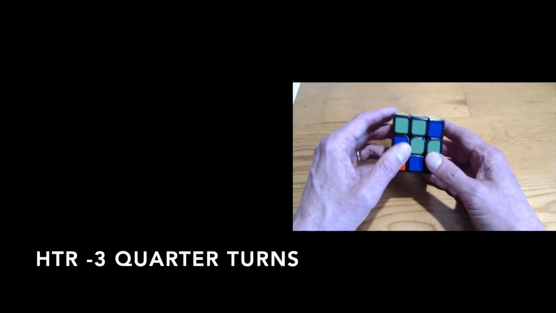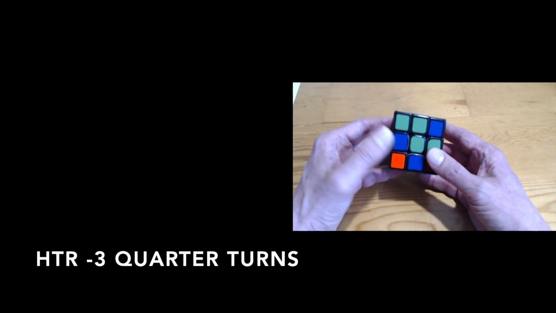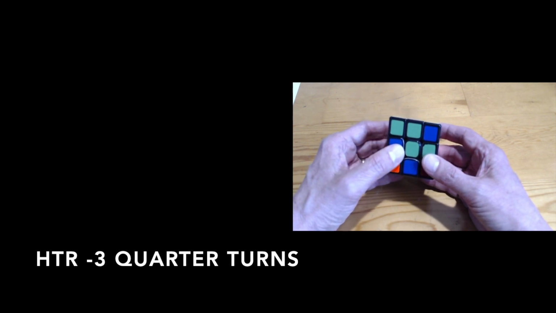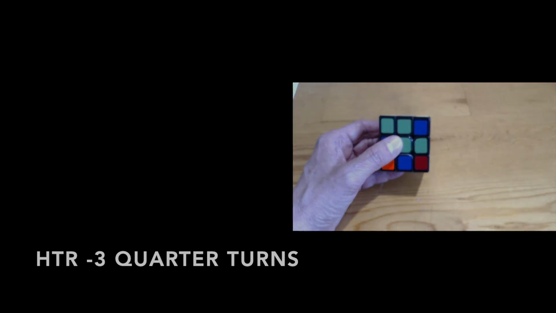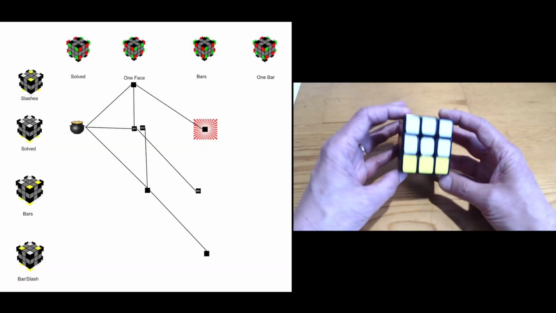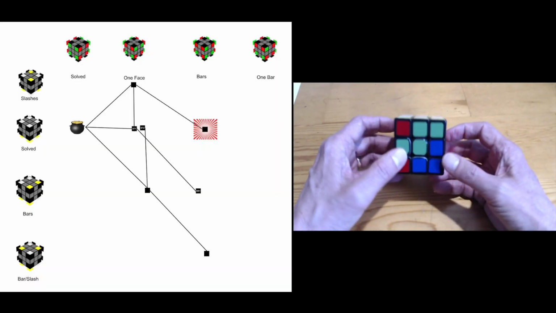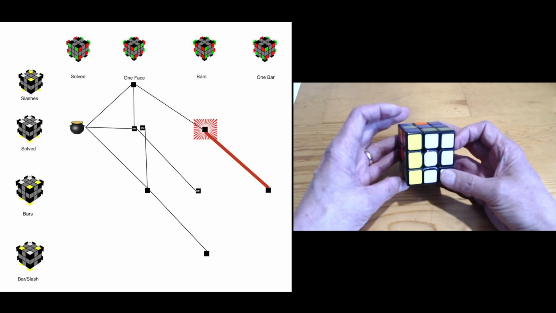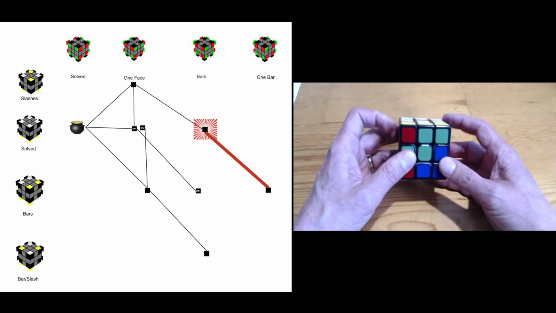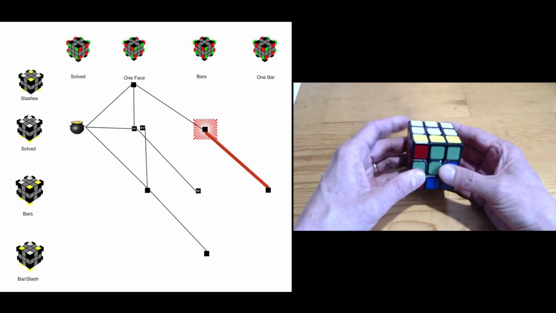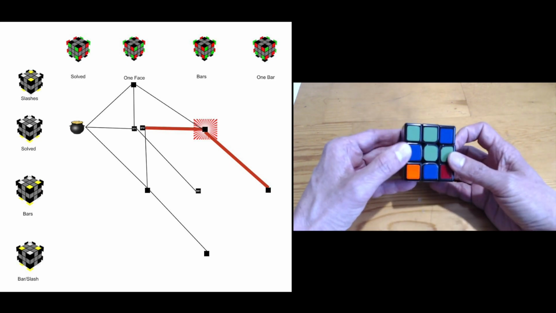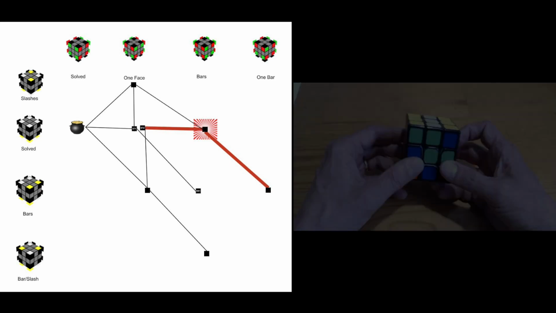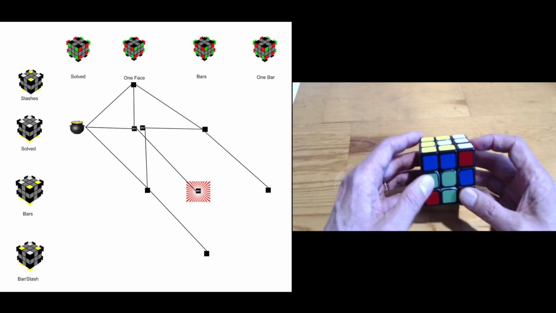Continuing on now, we're going to find all the states that are 3 quarter turns from HTR, starting with the ones that are 2 away. Starting from this state, there are 2 possibilities. One is this, and the other is this. Continuing from this state, there are 2 possibilities.